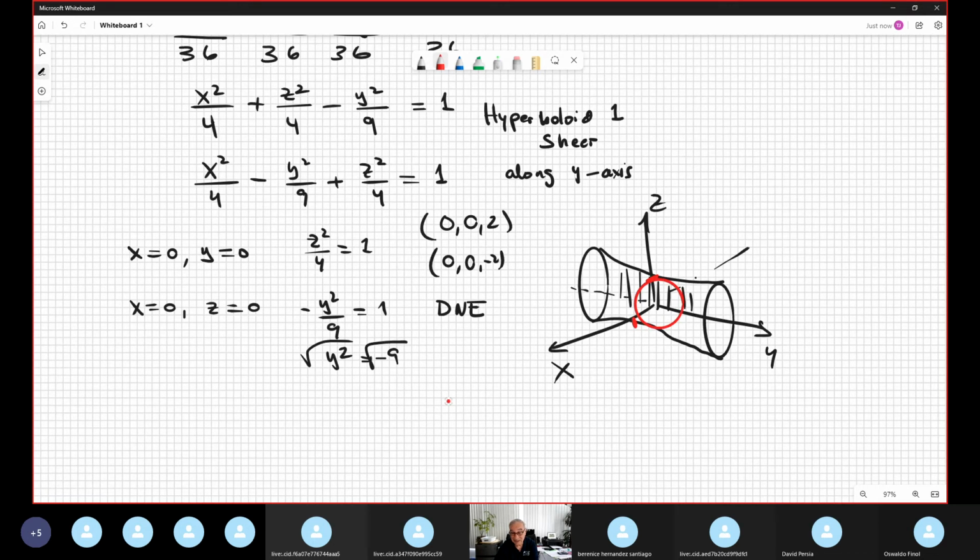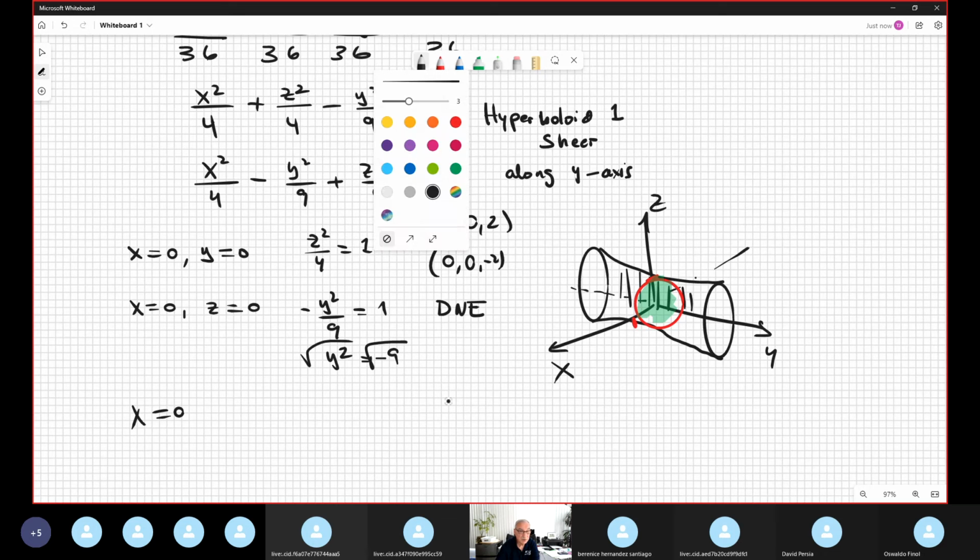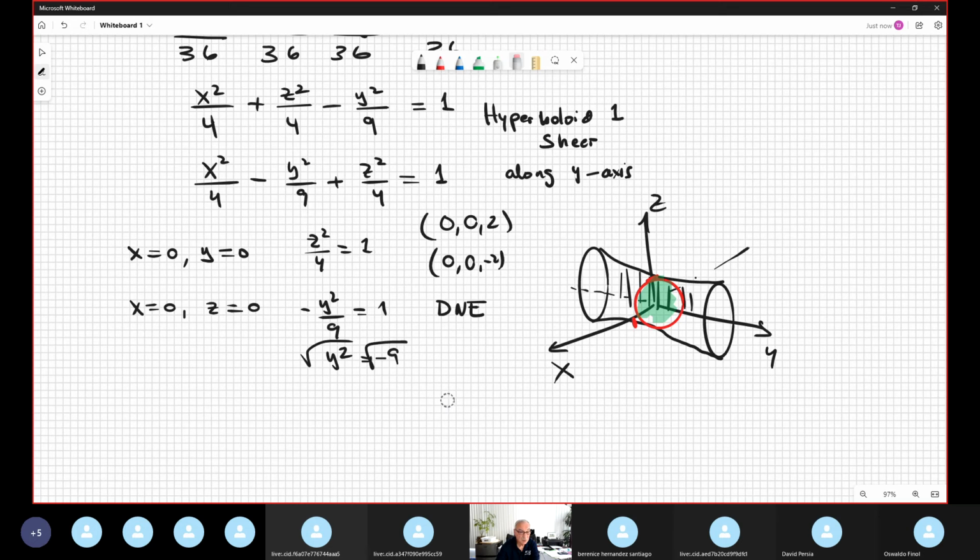I suppose it's an ellipse or a circle. I don't know. I suppose it's a circle because it has the same coefficients, 4 and 4, but I don't care about that part now. Now y = 0, z = 0.